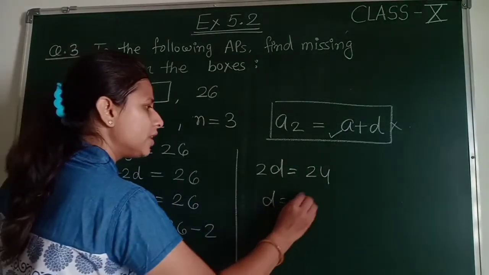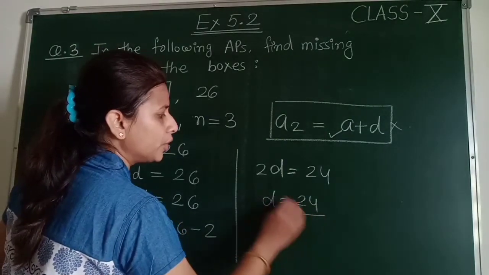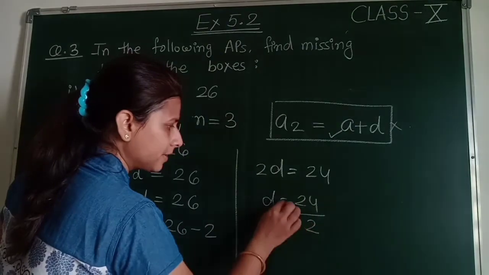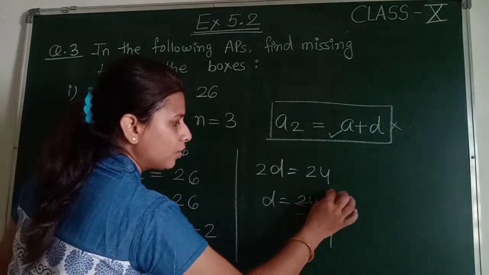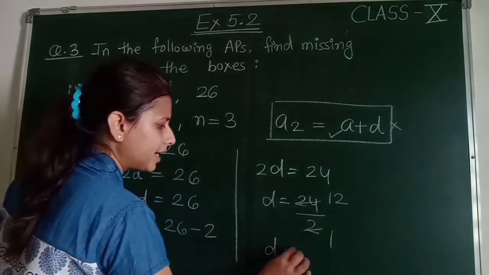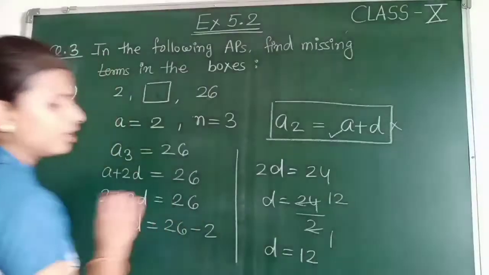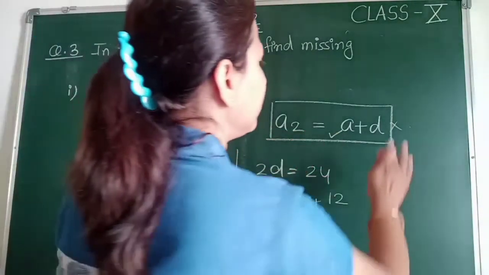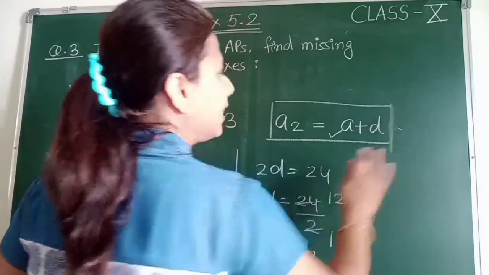D equals 24 upon 2. We will shift this 2 from the left hand side to the right hand side, and then cancel out. What will we get? We will get D equals 12. Now we can easily find the value of this second term.